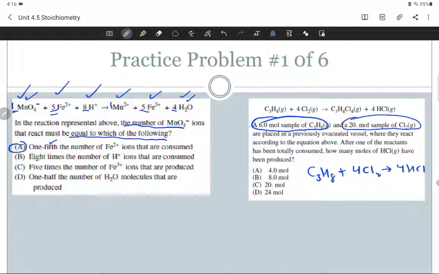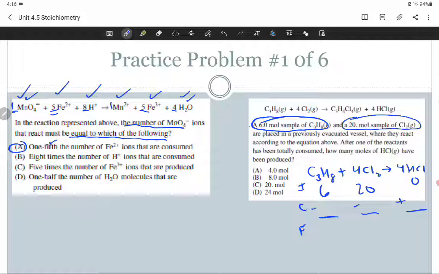And I'm only going to write the components that are going to be part of this question. I, C, F. If you wanted to write the C3H8, Cl2, you could do that, but it's insignificant for this question. So we have 6 of the propane and 20 of the chlorine. So we're going to have to subtract and we're going to have to add. By the way, you had 0 initially of the HCl.